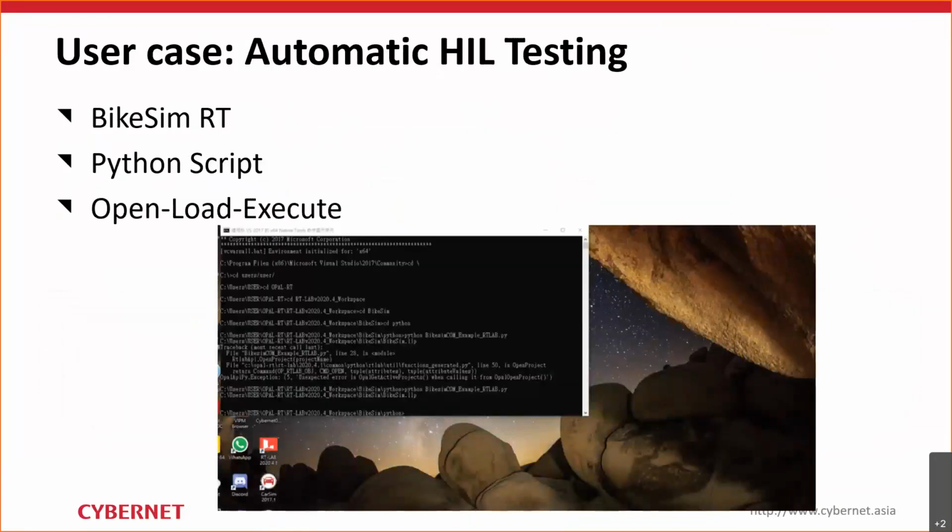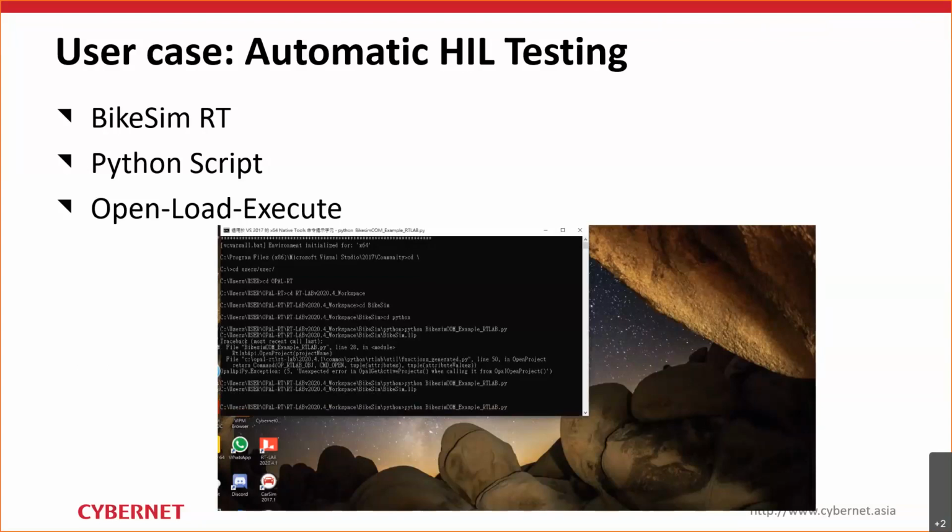And in this case, we use VeriStand, OPAL-RT, and Python to build up an automatic HIL testing. Since VeriStand supports a component object model, which is based on Windows component, we use Python script to open VeriStand, load the model to target, and execute the simulation.